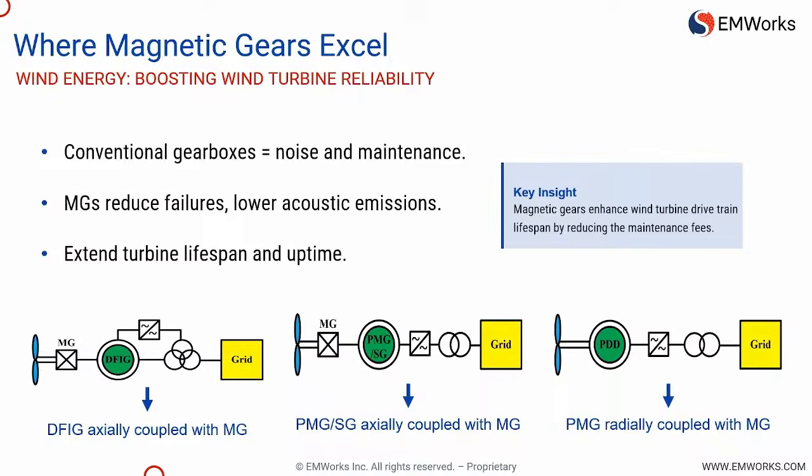Actually, they operate quietly and require almost no lubrication or maintenance. This will drastically reduce mechanical failure and lower acoustic emissions, which is particularly important for offshore and urban wind farms. Another major benefit is reliability.